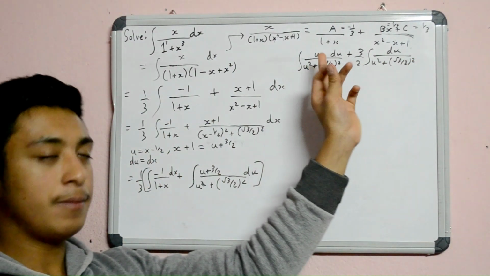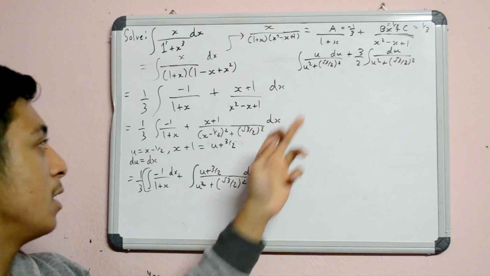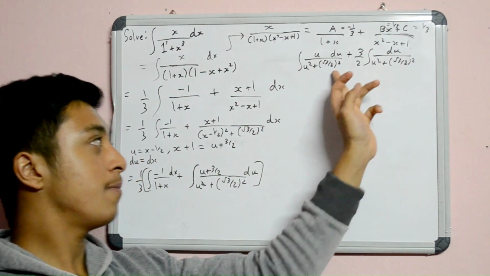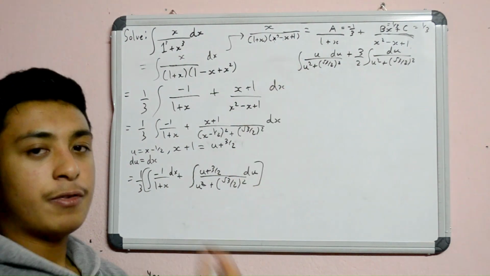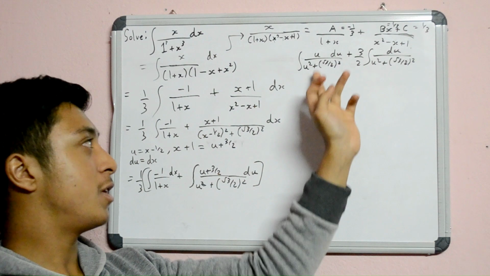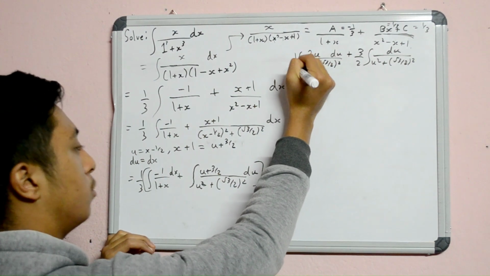Now for this one, let's do another substitution but kind of in our head. If we let w equal the bottom part, this whole thing, when you differentiate it, dw will equal 2u du. But here we just have u, so simply let's introduce 2 and divide by 2.